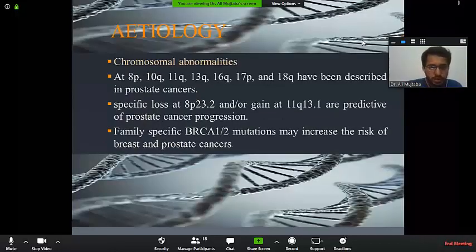Chromosomal abnormalities. Genetic mutations are also often involved in the pathology of prostate cancer.